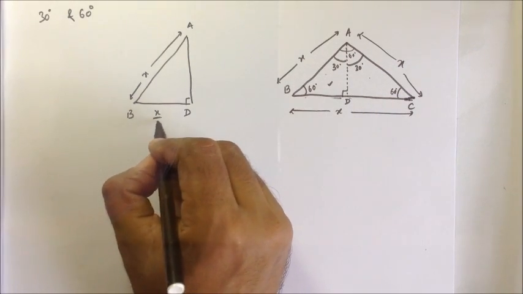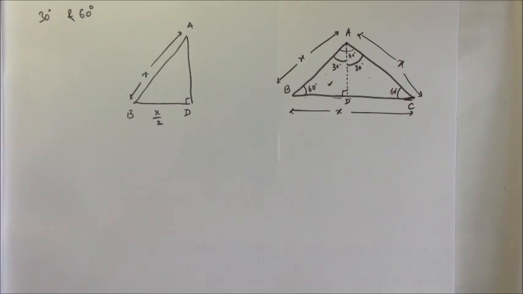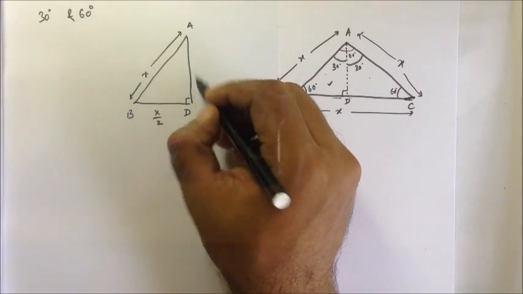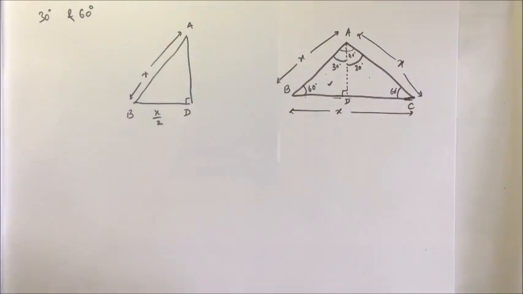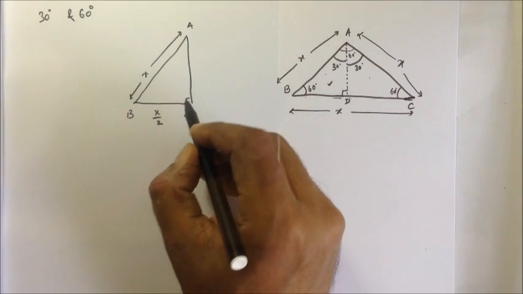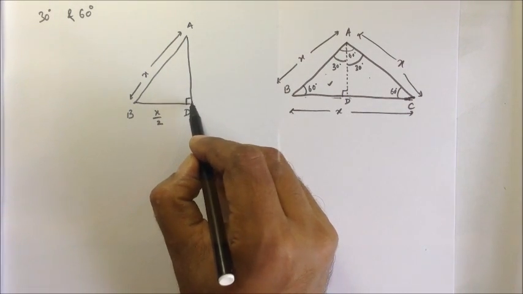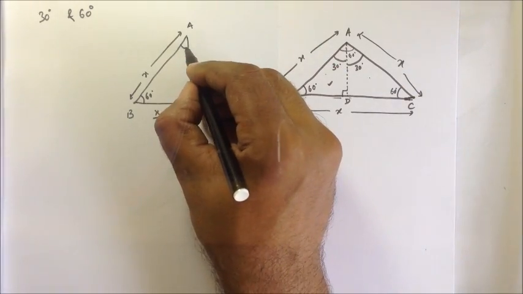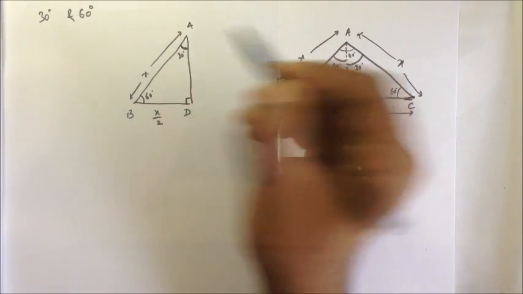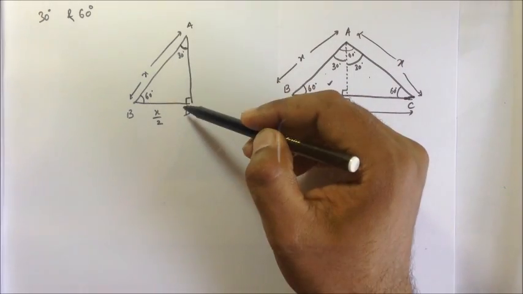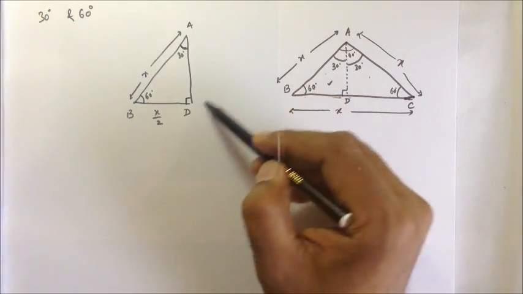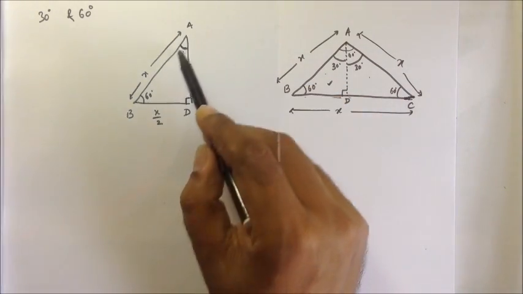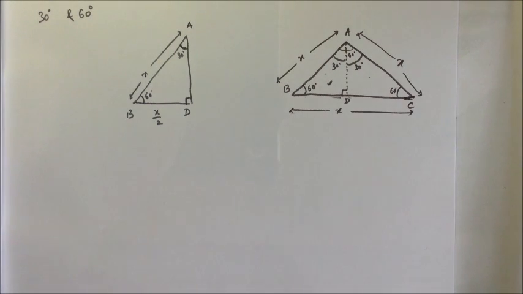This would be x by 2. Now I don't know AD, so I'll find AD using Pythagoras theorem. But before I do so, angle D is 90, angle B is 60, and angle A of this triangle is 30. So if I'm able to find AD, I'll be able to figure out the trigonometric ratios for both 60 degree as well as 30 degree using this triangle.